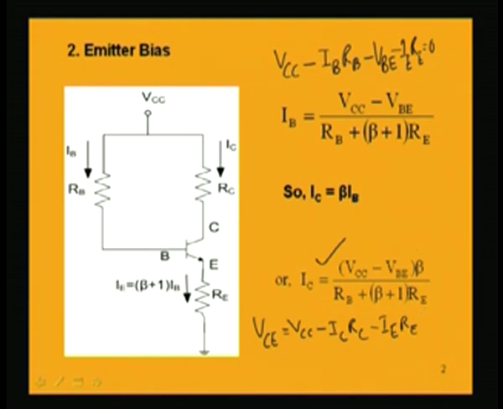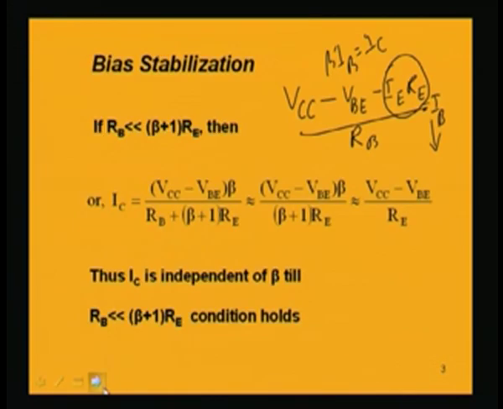Now, this IC is sensitive to beta variation, because beta is sitting both in the numerator and denominator.